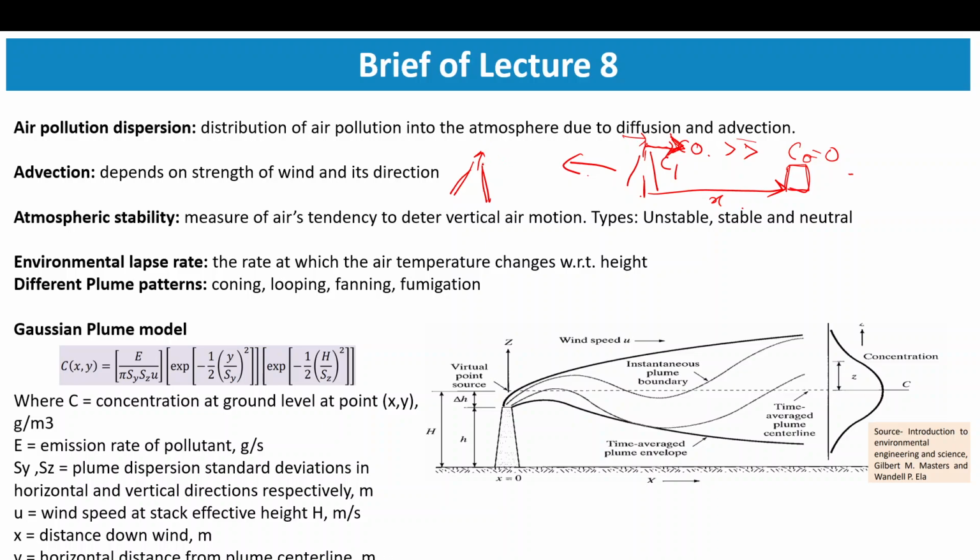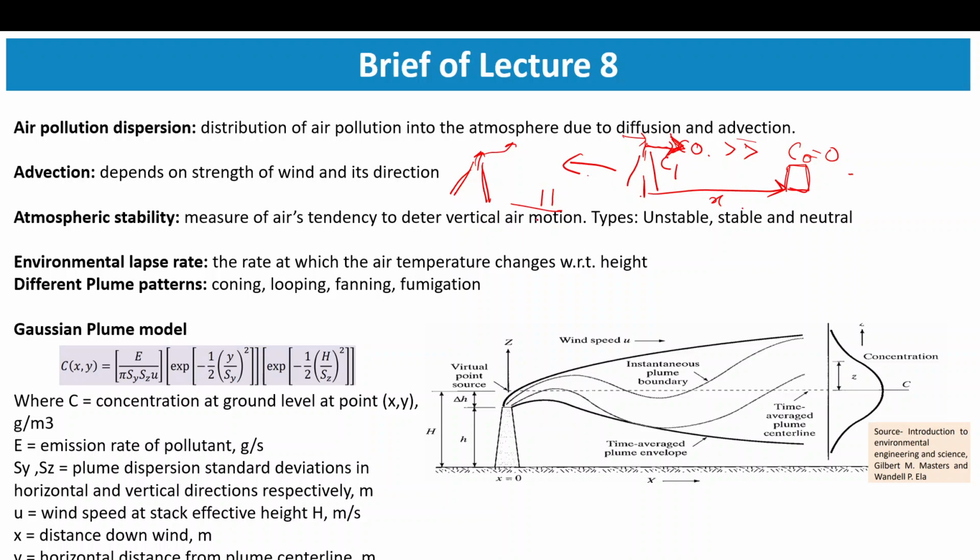If the wind is such that the pollution goes upwards, and we are present on the ground, then since it is not traveling downwards, we are not impacted by its presence. Even though it is contaminating and can cause some further damage in the upper layers of the atmosphere, our health is not immediately impacted.